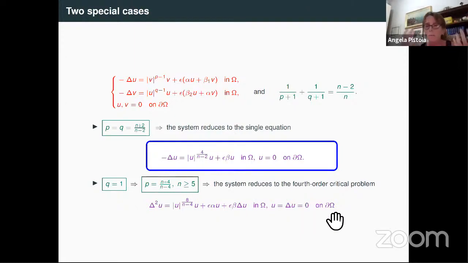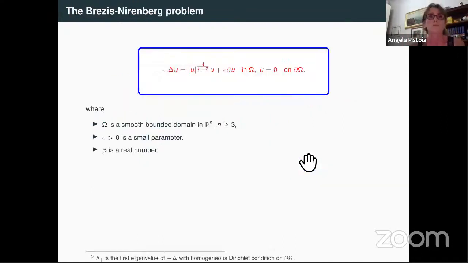Okay, now I will focus on the single equation in the box, which is the equation which is equivalent to the system when p is equal to q. And let me tell you what is known about this equation.